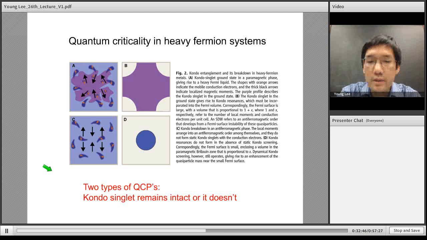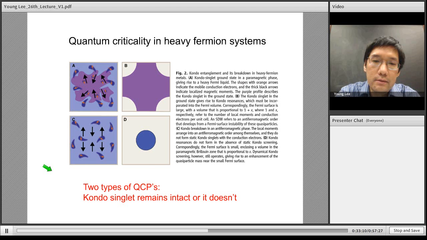So what can happen is that there's a hybridization between the electrons on these f orbitals and the electrons in the conducting c, and you get some coupling, some Kondo entanglement of these electrons.